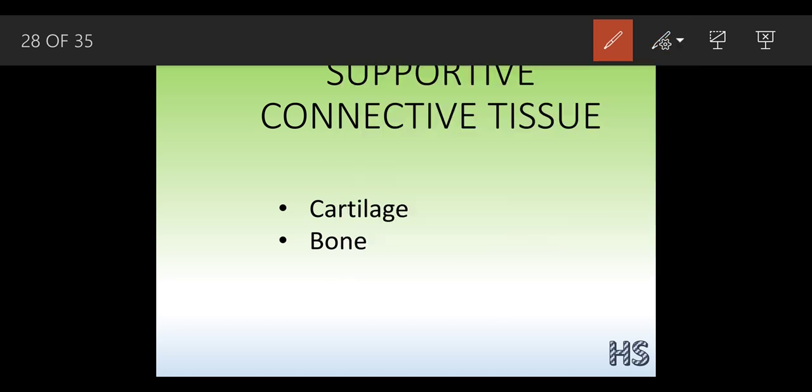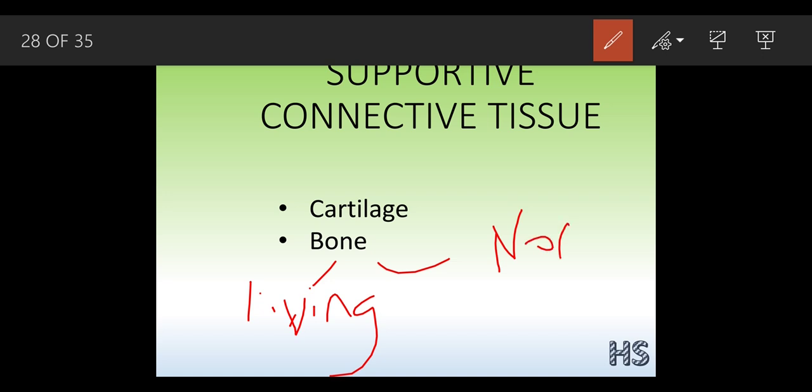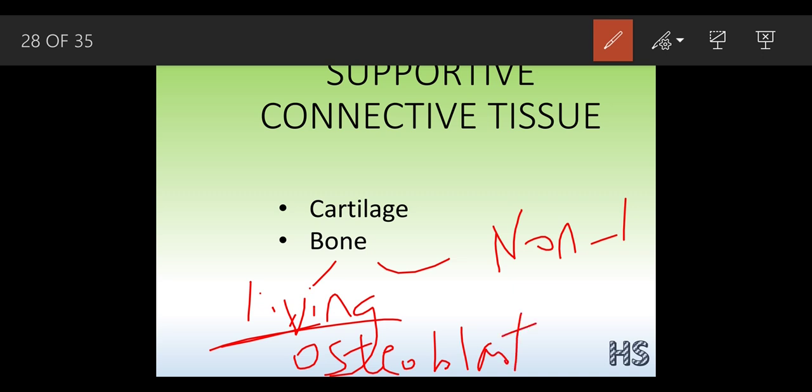Bone is made up of two components. It consists of living cells and also a non-living part. The living cells are called osteoblasts. And what is the non-living matter?